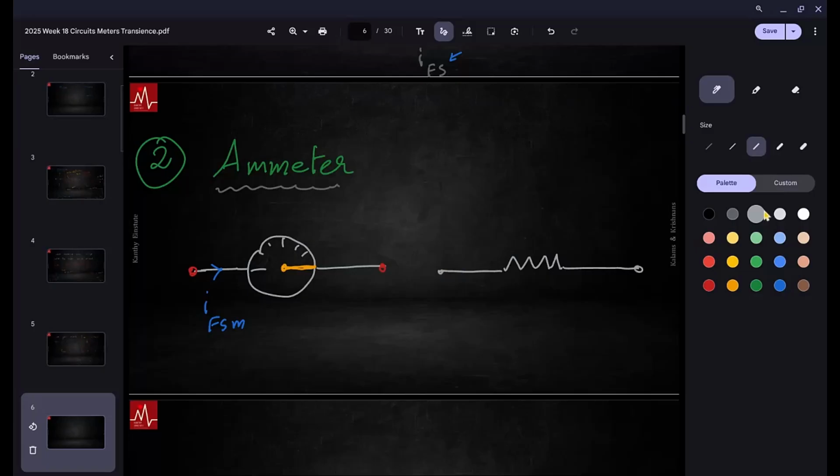So you have a resistance RM. You have full scale meter current, IFS.